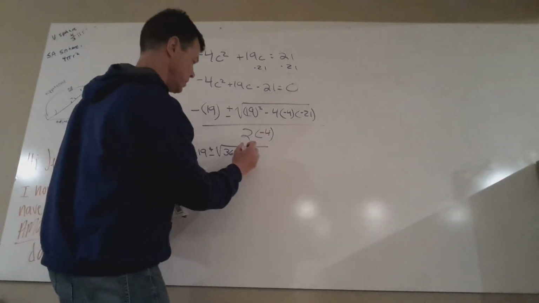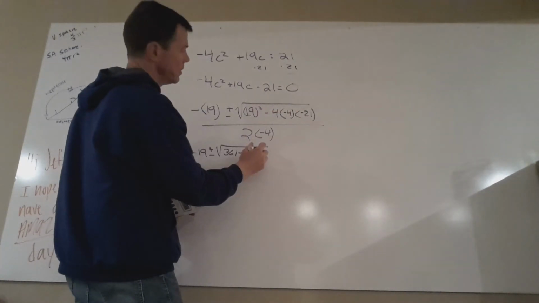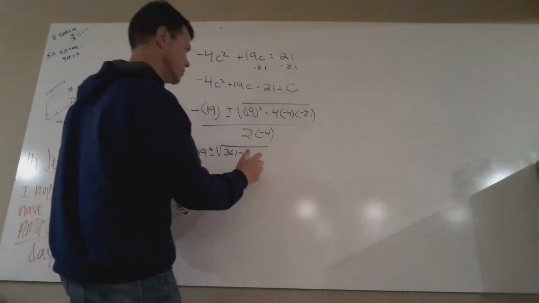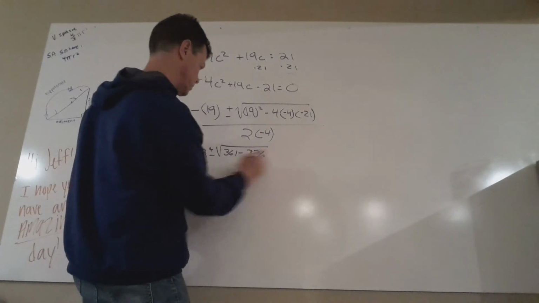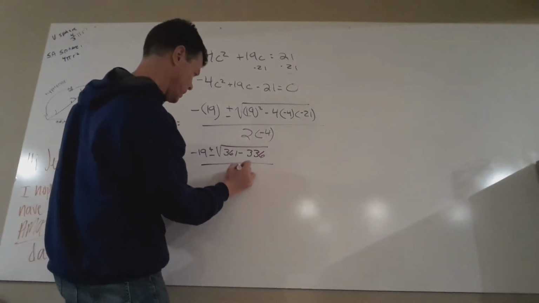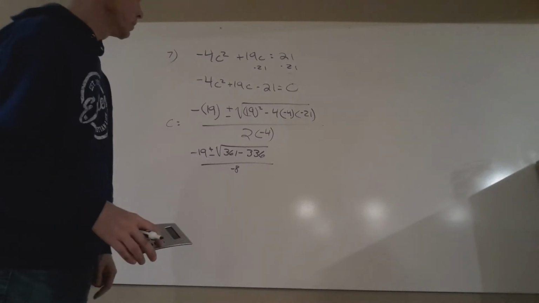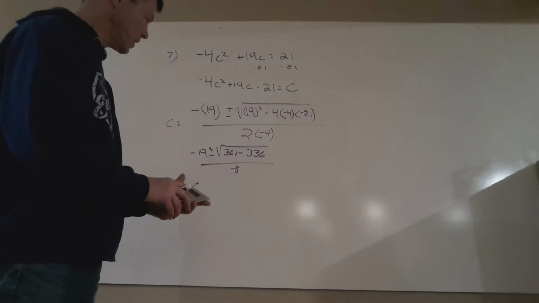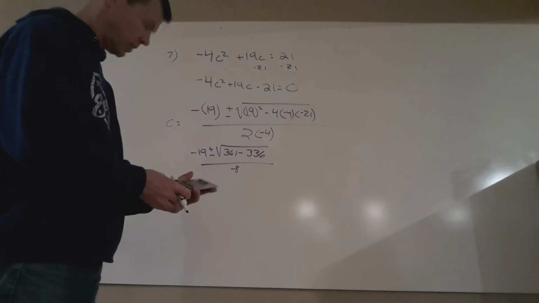That's 336. Minus, let's go positive, so we're back to minus. All over 2 times negative 4, all over negative 8. 361 minus 336. 61 minus 36 is 25.